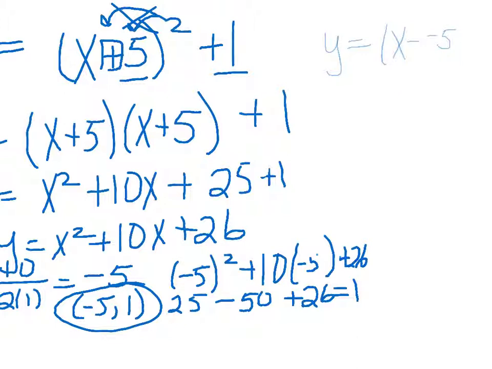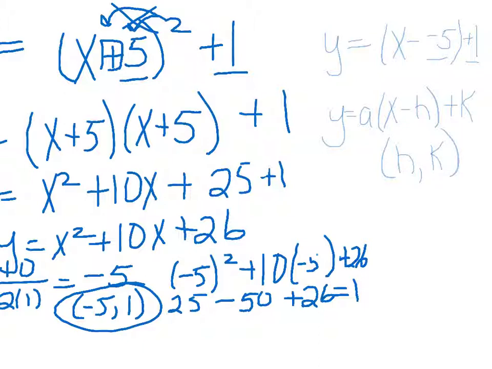Because if I cleaned up those signs, I would still have plus 5 inside. So I haven't changed the value of any. And so I can read off my vertex straight off that. This is called the HK form because we'll give you a generic form that says y equals some number times x minus h squared plus k, where h and k is your vertex.